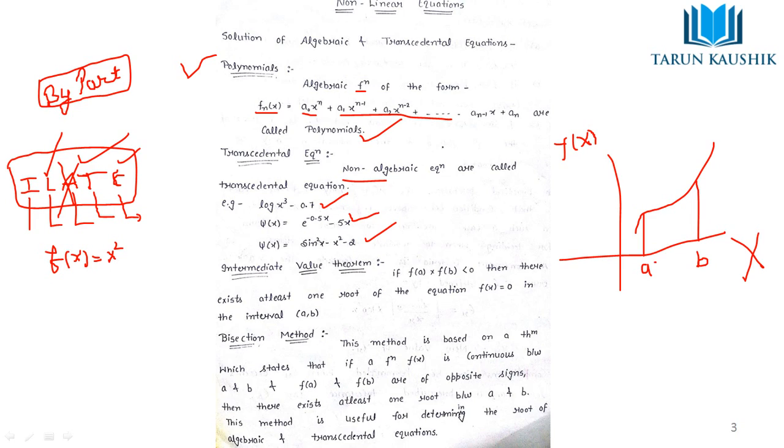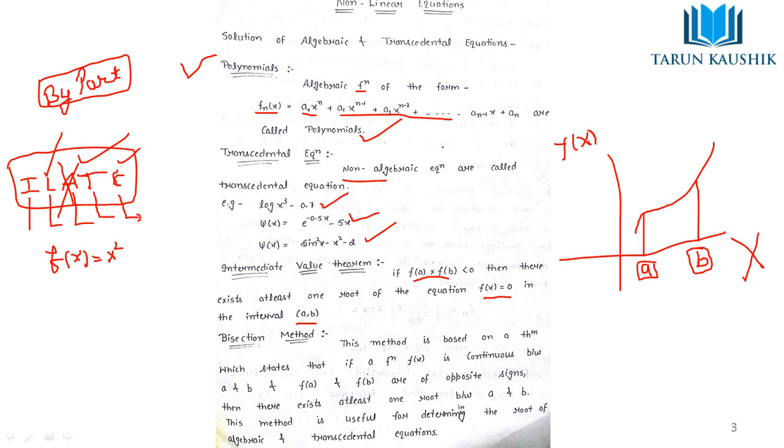If we multiply the value of the function at point a and the value of the function at point b, and the product comes out to be less than 0, then there exists at least one root of the equation f of x equals 0 in the interval a, b.